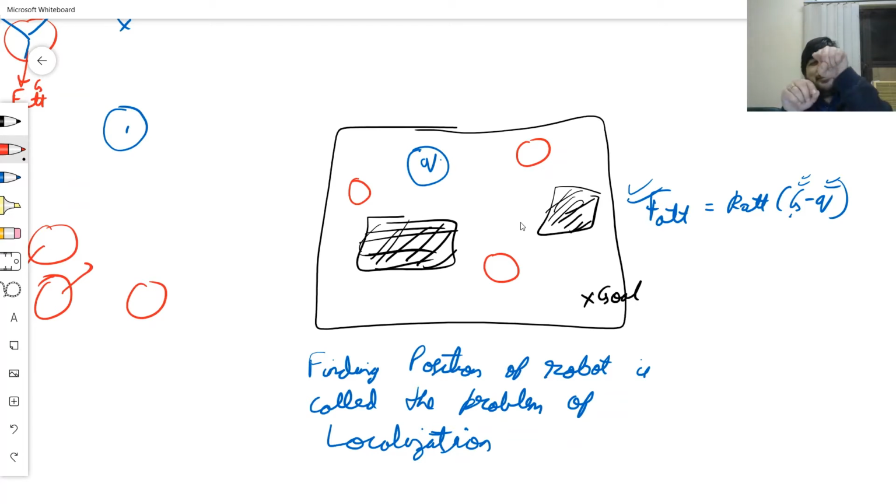So it sends a laser beam. The laser beam strikes the object and comes back and it calculates the distance. The laser beam is extremely accurate, it doesn't diffract, and it has millimeter accuracy.